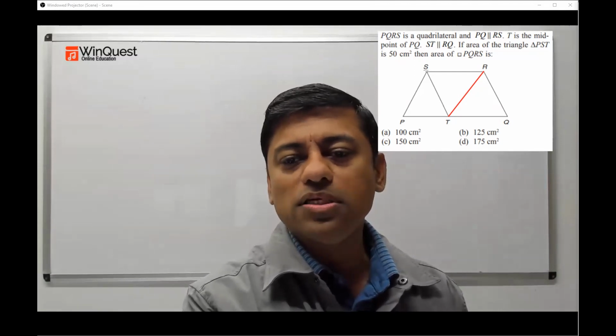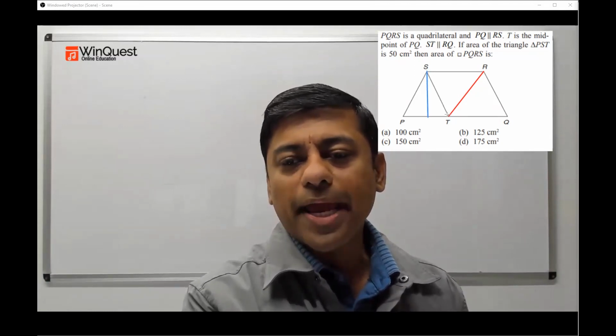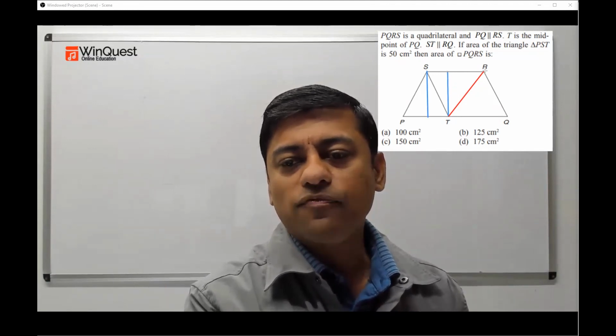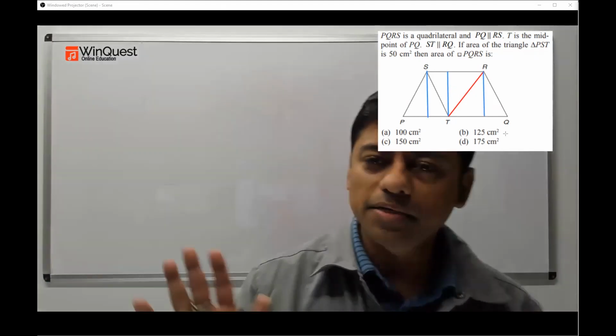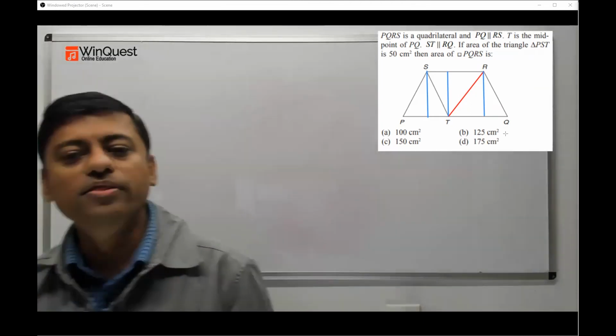Height for triangle PST is this one. Height for triangle SRT is this one. And height for TRQ is this one. All the heights are the same. There is no difference in the heights.